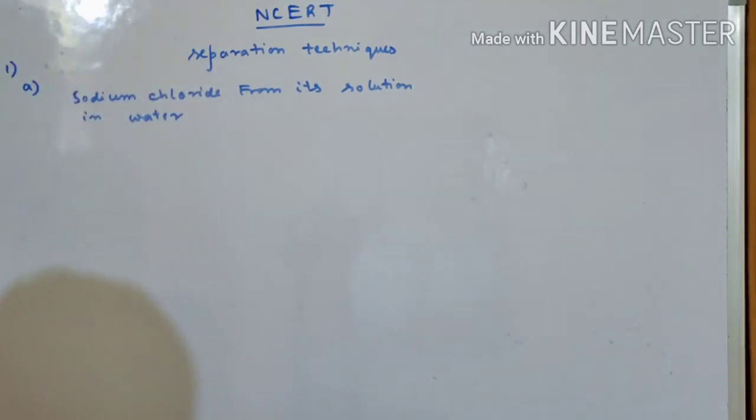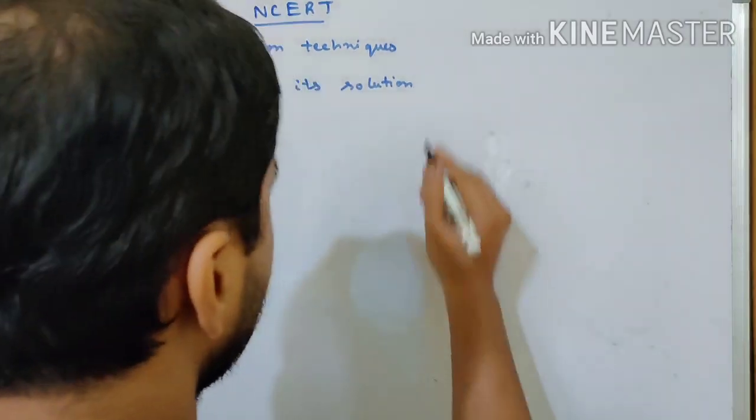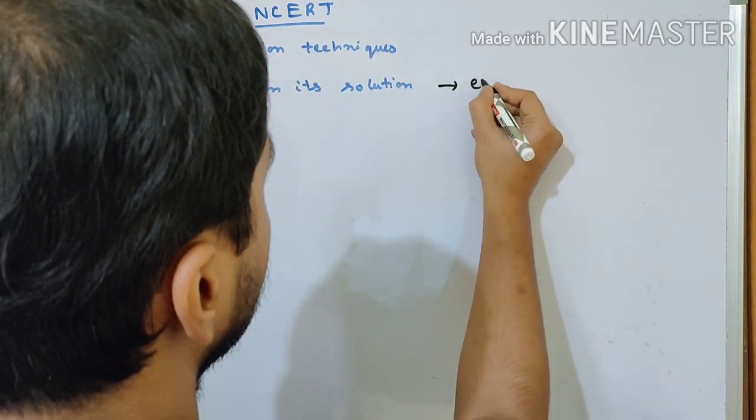In this case, remember that sodium chloride is already mixed with water. So the thing that you can do is to evaporate. If you evaporate, what you will see is the water will be evaporated faster and leaving the sodium chloride behind. So the process in this case will be evaporation.